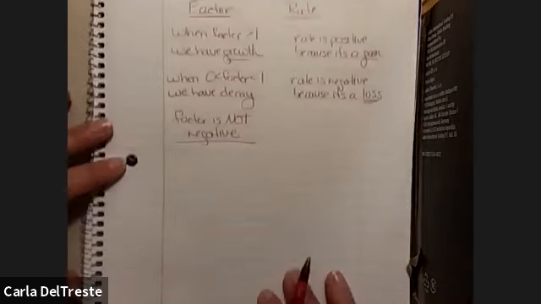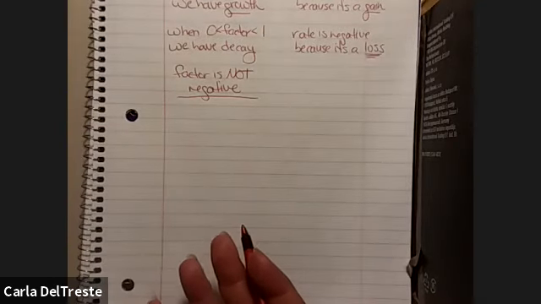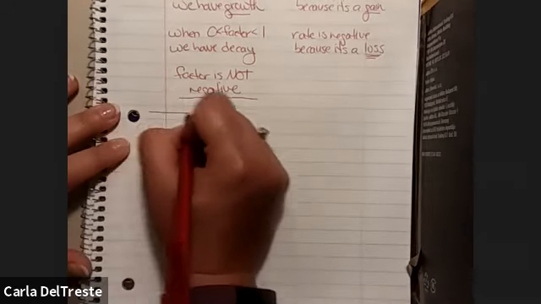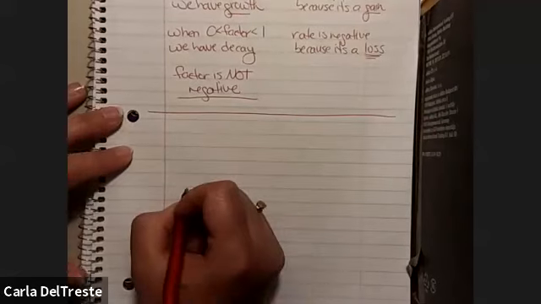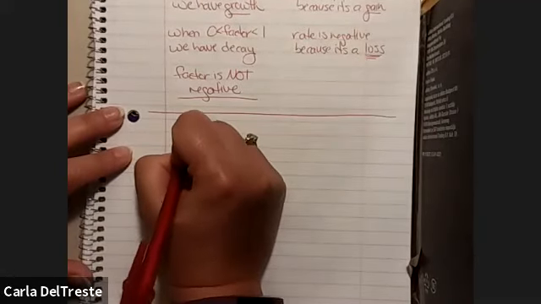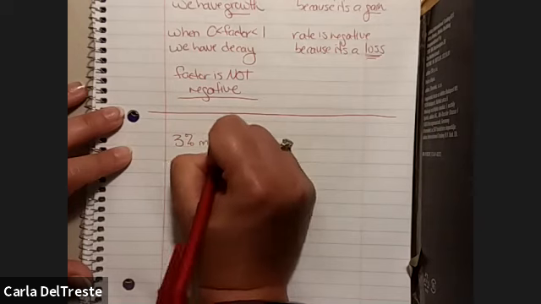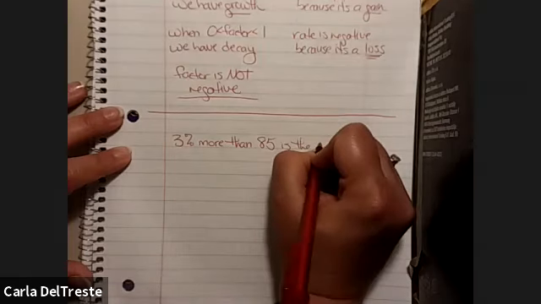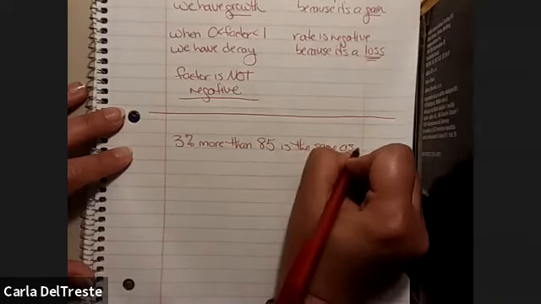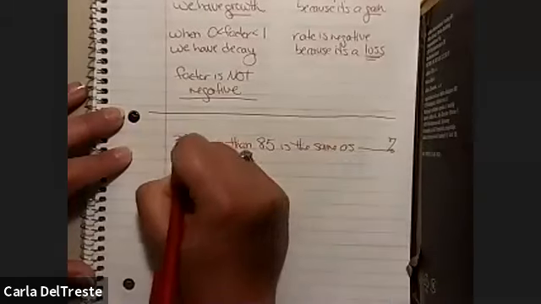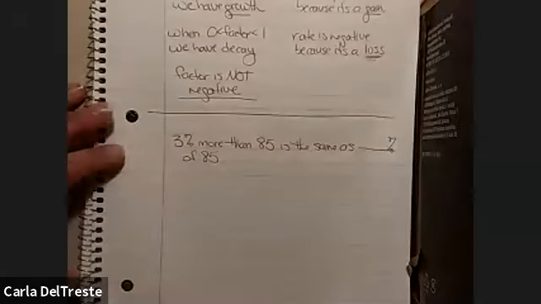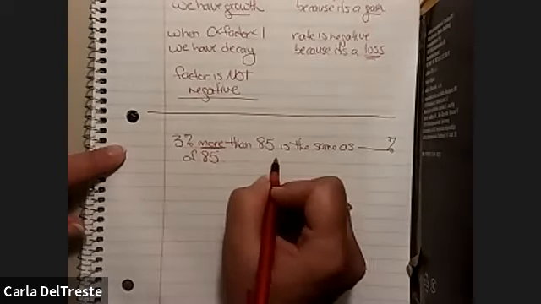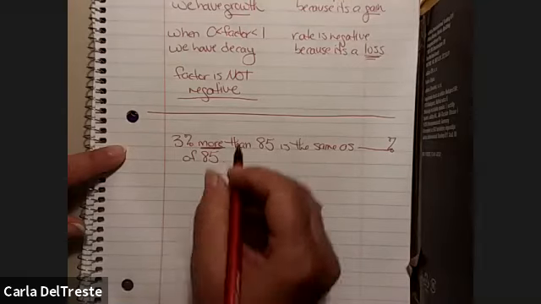Before we get into a few more examples, let's do a little bit more practice with percent versus factor, or rate versus factor. Let's do some fill in the blanks. 3% more than 85 is the same as what percent of 85?